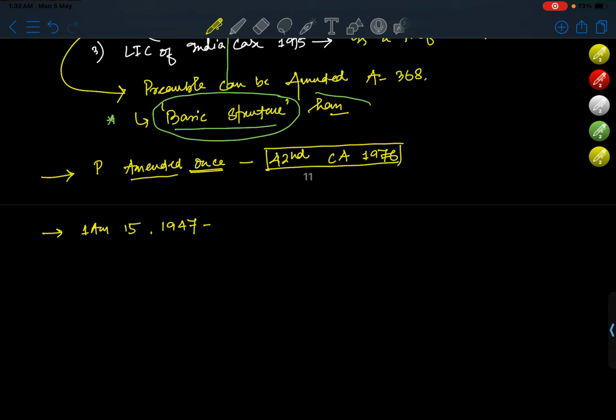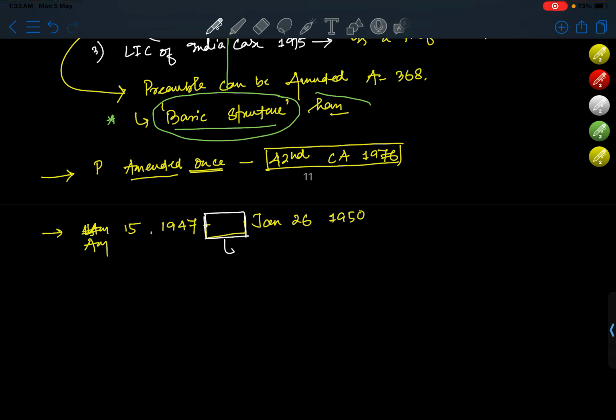So from August 15 to January 26, 1950, the day of commencement of our Constitution, in this time gap, what was the status of India? Like who was ruling it? Because we had no constitution, how was India getting ruled?